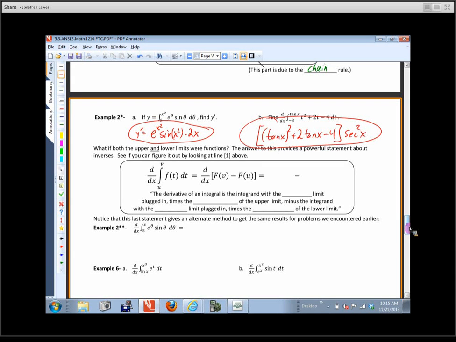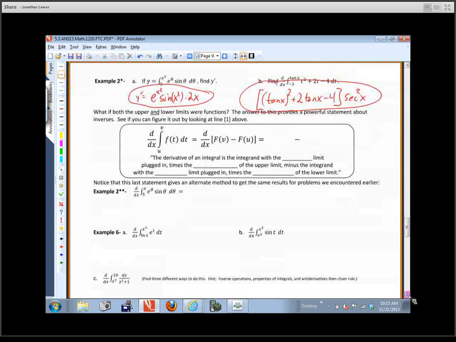So, see if you can figure this out. This is what I've got represented here: the definite integral from u to v. Those are both functions of x. So I'm going to find the derivative of an integral. Well, if we do it piece by piece, I could anti-differentiate this.